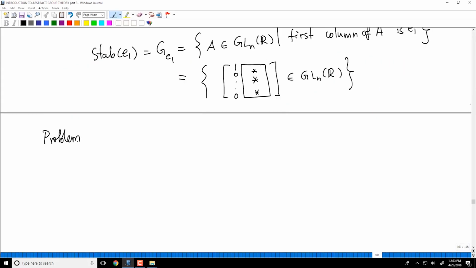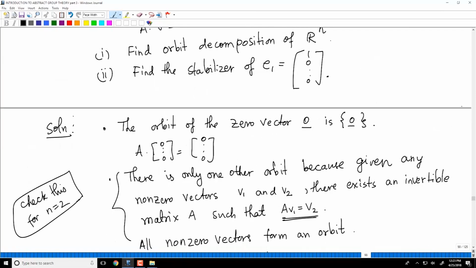Let's do a related problem. I'll write it as a separate problem, and the problem number would be 5.